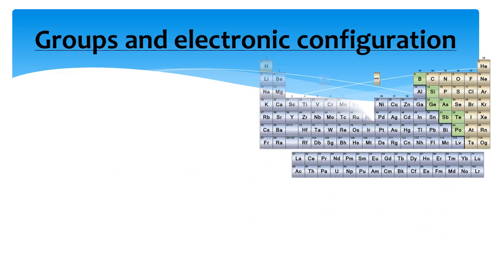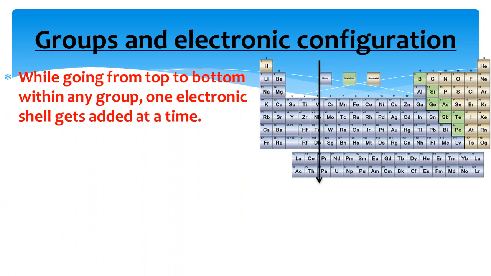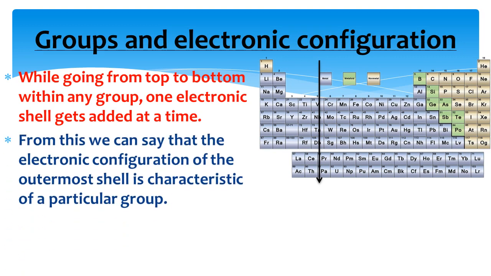Alright, now students, you can observe here while going from top to bottom within any group, from 1 to 18, one electronic shell gets added at a time. From this we can see that the electronic configuration of the outermost shell is a characteristic property of a particular group.